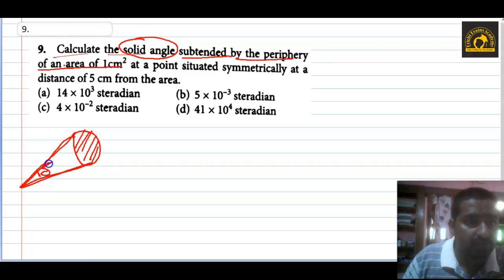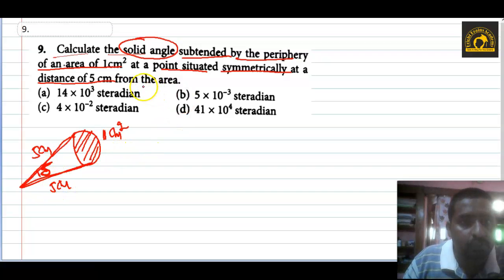The question asks for the solid angle delta. So the area of this one is 1 centimeter square, situated symmetrically at a distance of 5 centimeter.